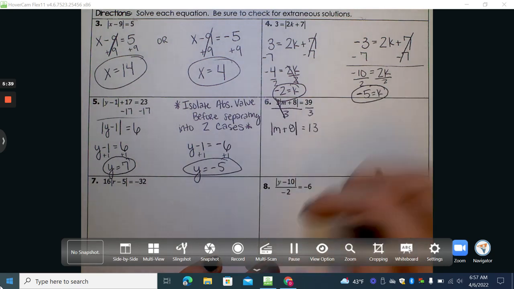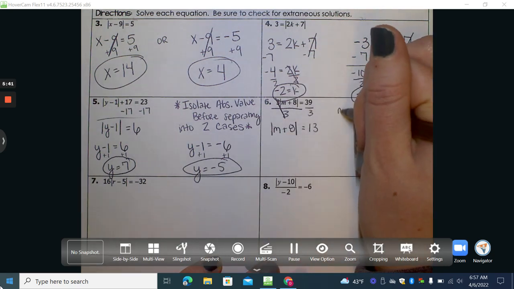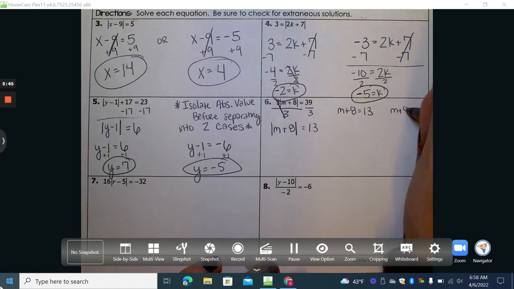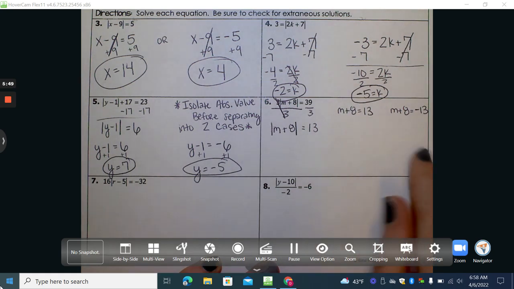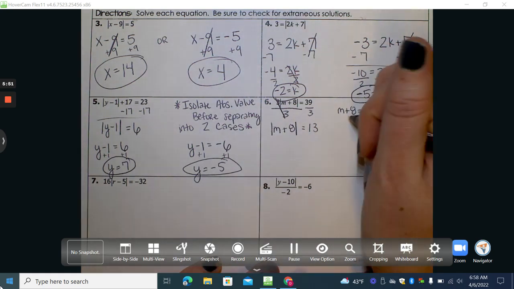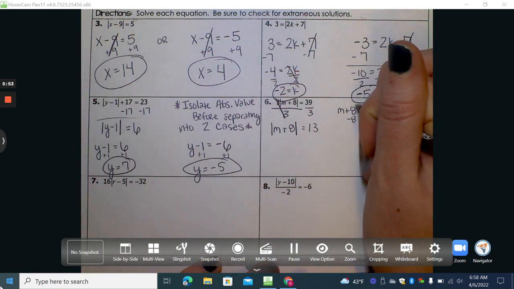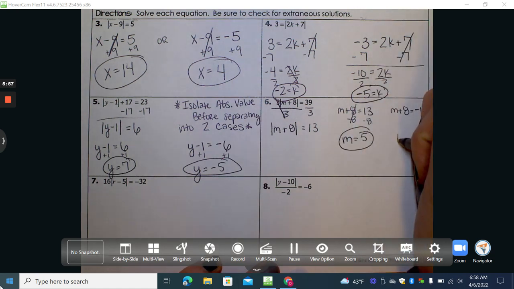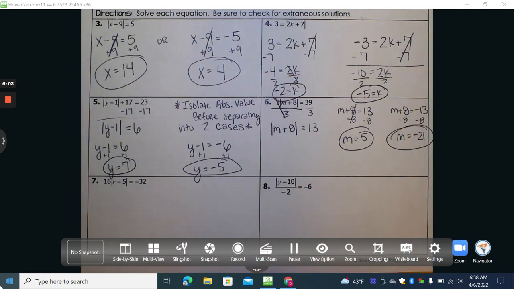And now I can separate into my two separate cases. m plus 8 equals 13, and m plus 8 equals negative 13. Those are my two separate cases where now I can subtract 8 from both sides, and I get m equals 5, and m equals negative 21.